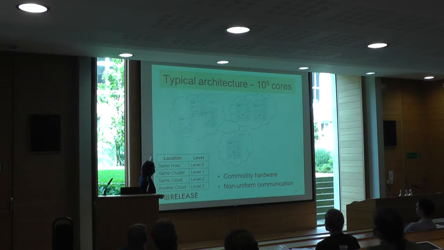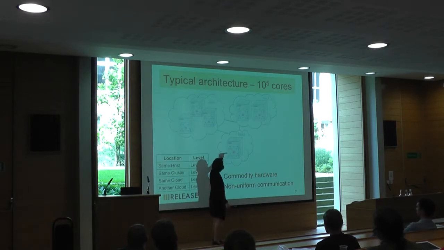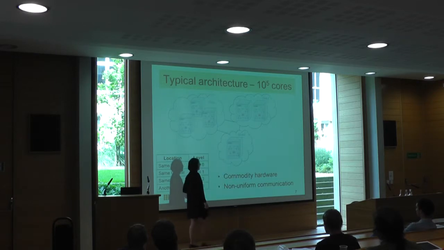We think there will be 32 or 64 cores that share memory, and we call this a module. We think there will be 4 to 6 modules that will form a host. Around 100 hosts will make a cluster.